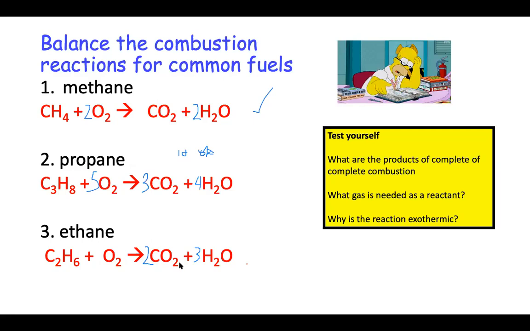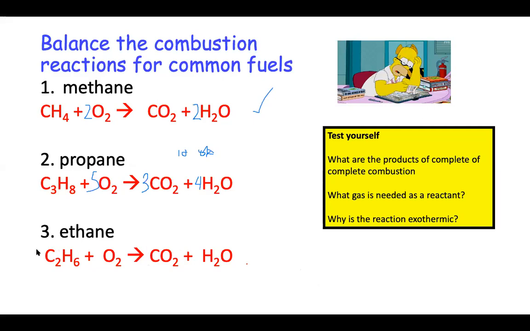Now I've got 4 oxygens plus 3 oxygens, so 7. 7 is not a very nice number, okay? So what we'll do is we will try a different approach.